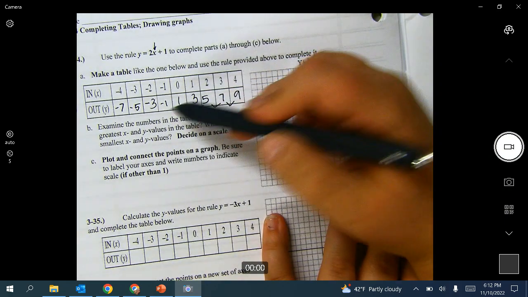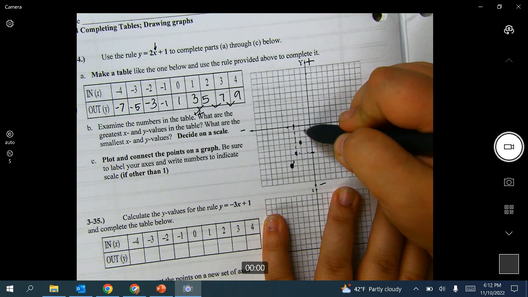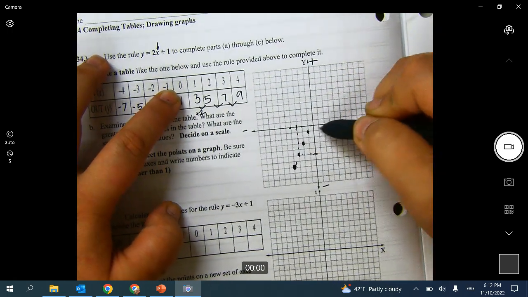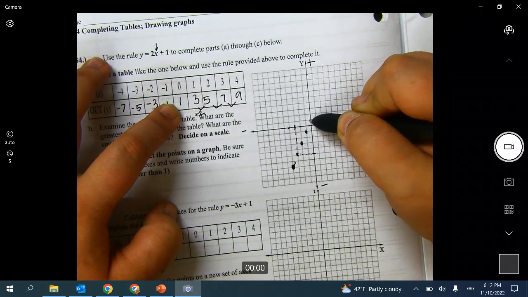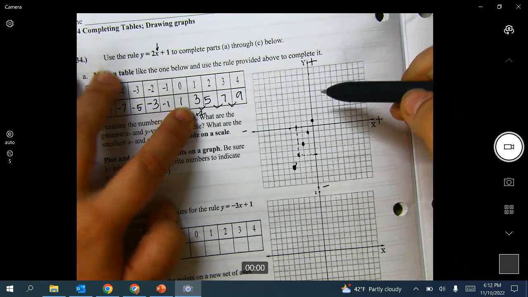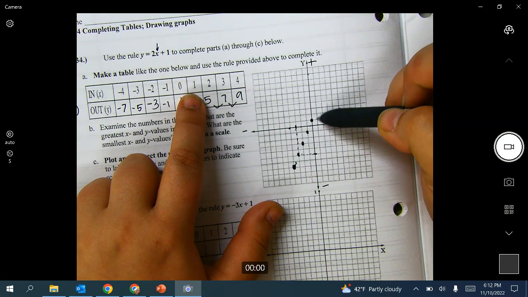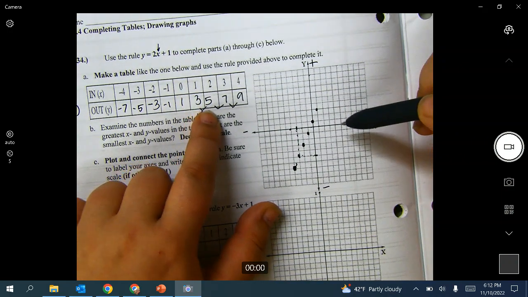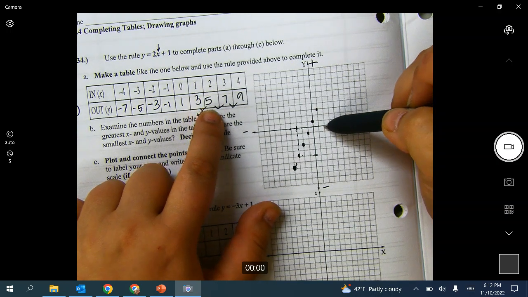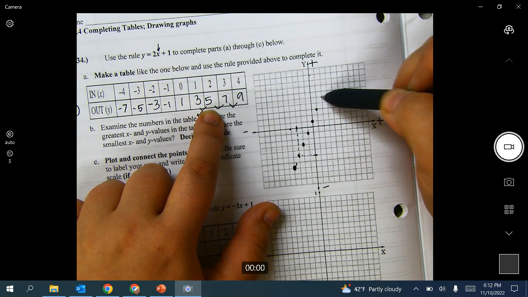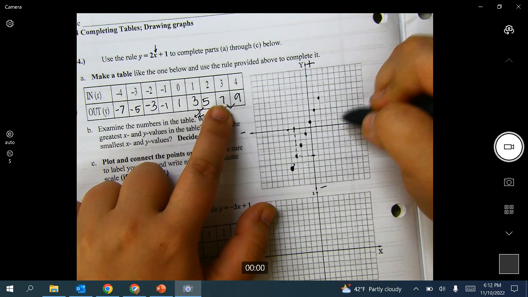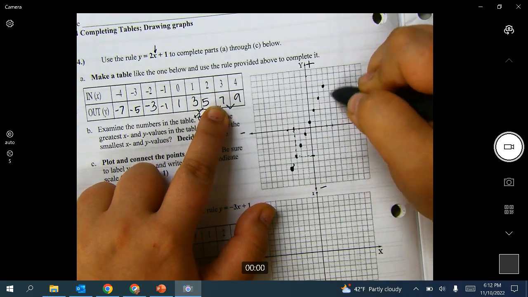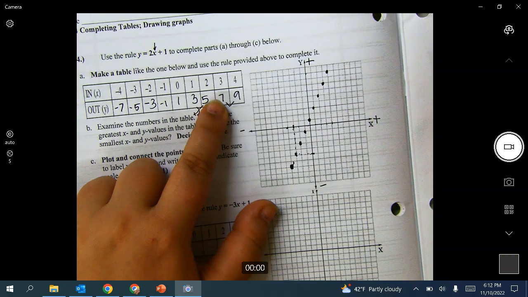Next, I have negative 1 on my x and negative 1 on my y. 0 for my x, which is right in the middle, and then up to positive 1. When x is 1, I need to go up to 3 on my y, and hopefully you guys are seeing this pattern now. When x is 2, I need to go up to 5. When x is 3, I need to go up to 7. And when x is 4, I need to go up to 9.